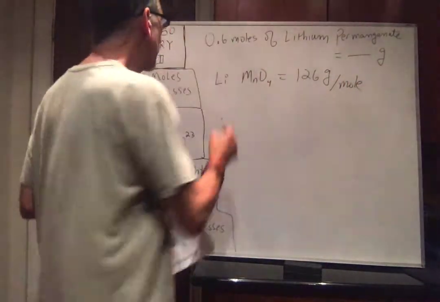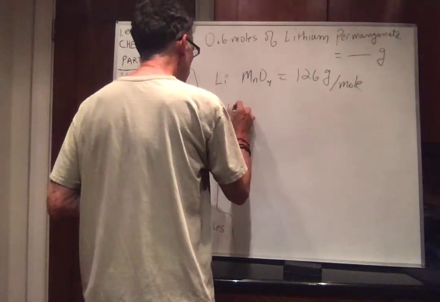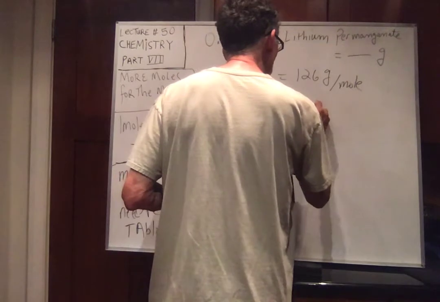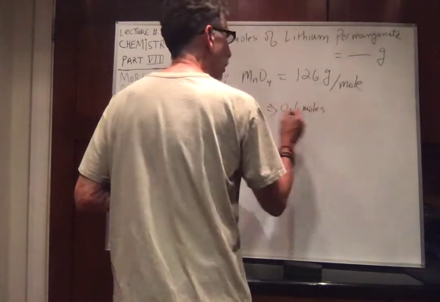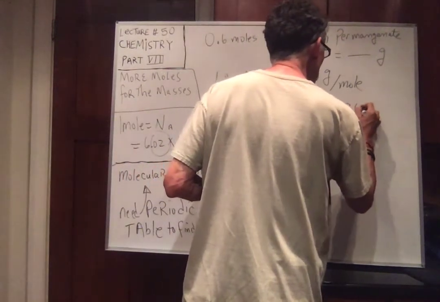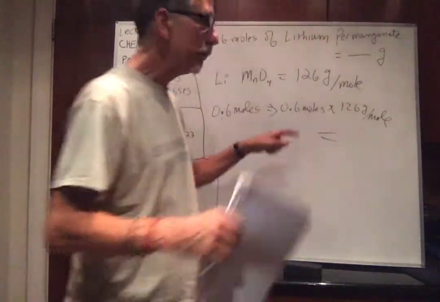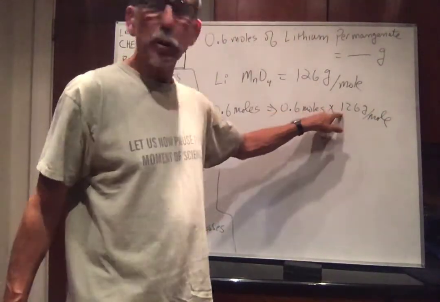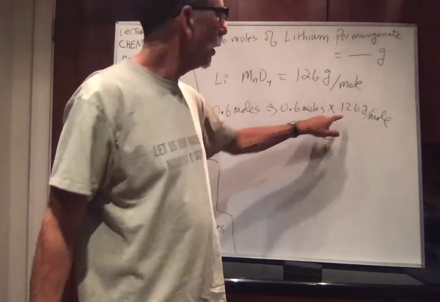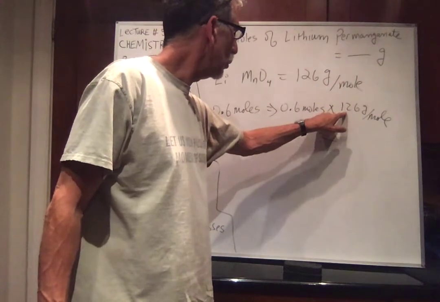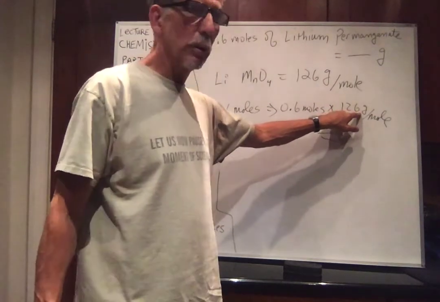We want 0.6 moles. 0.6 moles times 126 grams per mole. And we get, so we have to do the multiplication. 6 times 12 we know is 72, right? So this is going to be 72, and then that's 36, right?